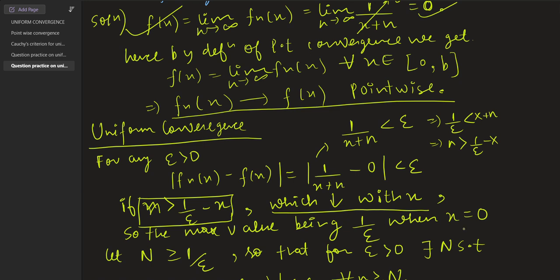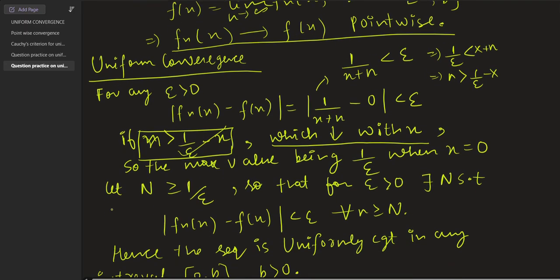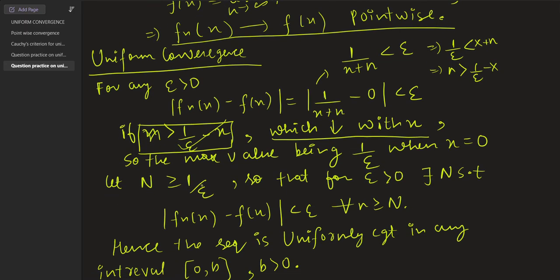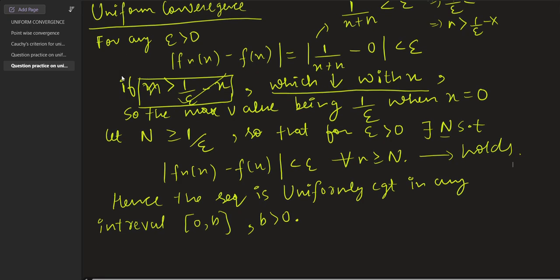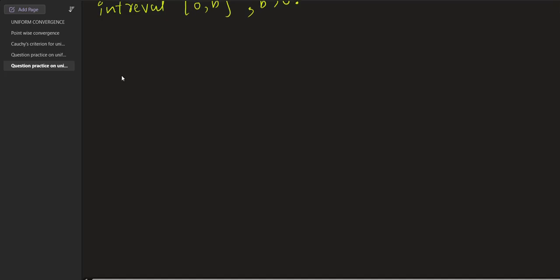So the initial value at x equals 0 is your maximum. So there exists an n greater than or equal to 1/epsilon, such that this condition holds. Hence the sequence is uniformly convergent in any interval (0, b).